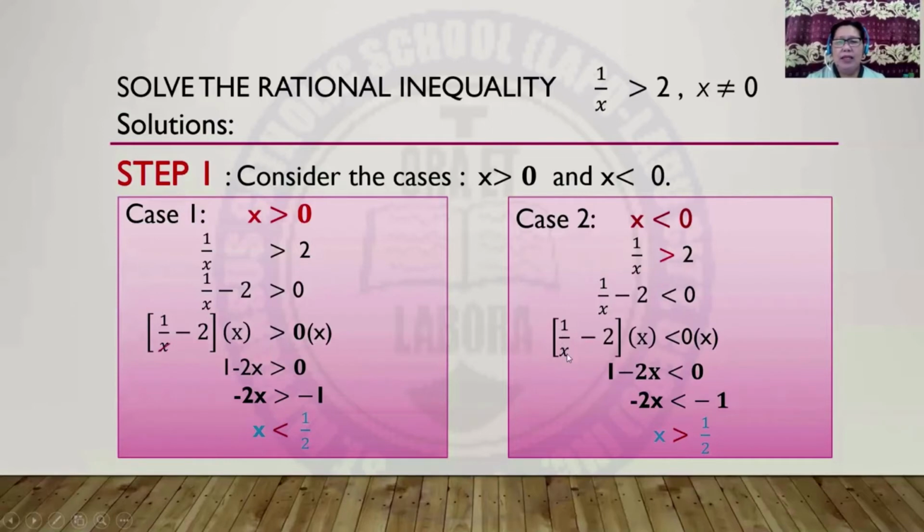So 1 over x times x, you cancel x, and what is left is 1. Negative 2 times x is negative 2x. 0 times x is 0. Then transpose 1, so you will have negative 1. Divide also the other side by negative 2. So what is left now is x is greater than 1/2. Again, you reverse the symbol into greater than since the multiplier of x is a negative number.